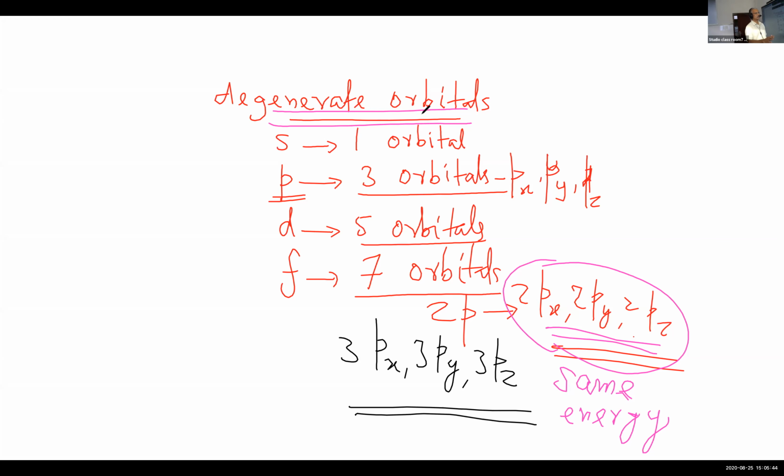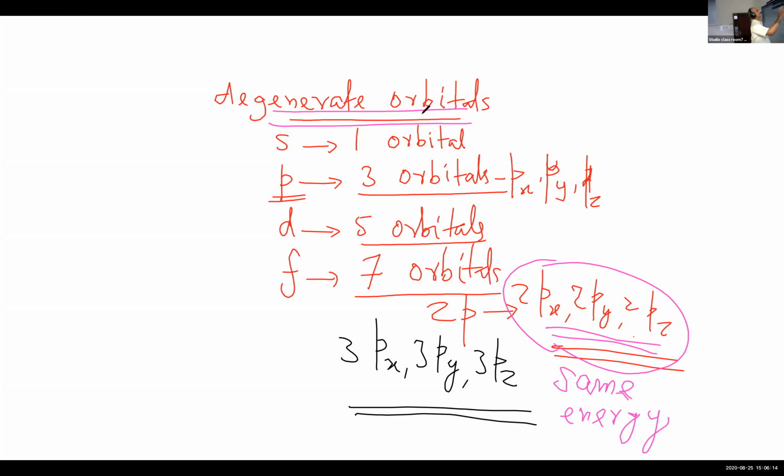Don't think that all these orbitals in all the p levels are having the same energy. That is not the meaning. The orbitals of the same subshell will be having the same energy. So that is why I say 2px, 2py, 2pz, degenerate orbitals; 3px, 3py, 3pz, another set of degenerate orbitals.